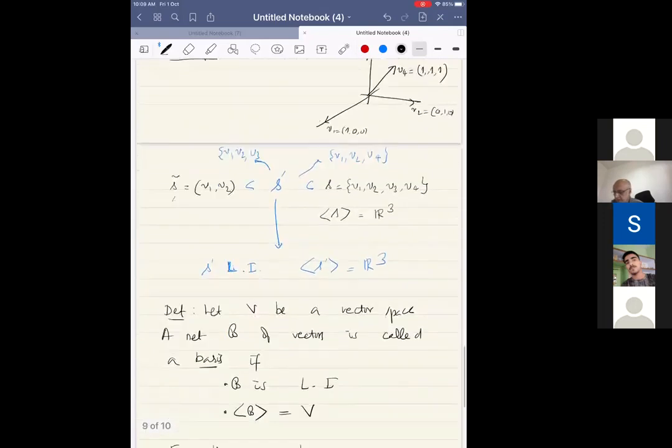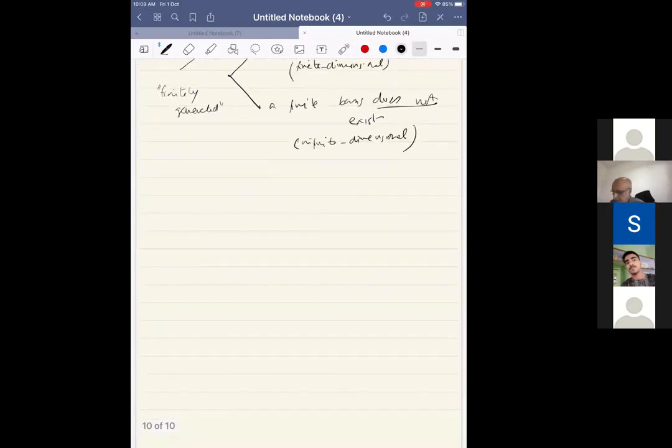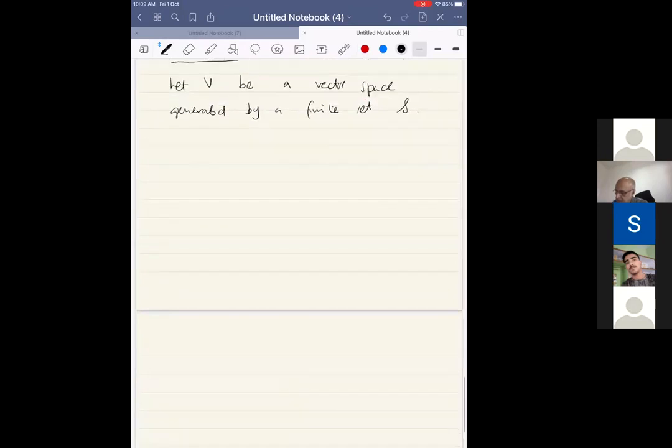Okay, so now we come to the notion of dimension. Let V be a vector space generated by a finite set S. So in other words, these are finite dimensional vector spaces, right?